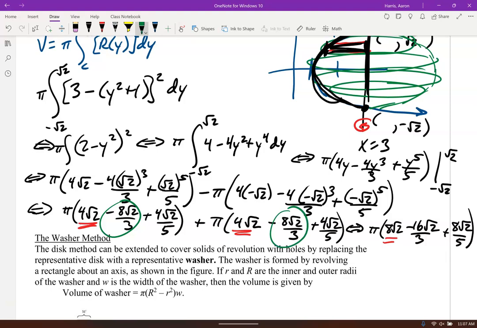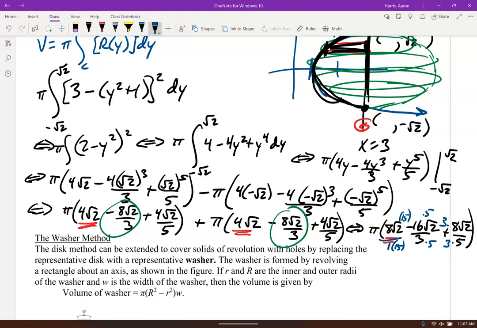And so then 8 root 2 over 5. Okay, so get a common denominator of 15, it looks like. This is over 1, so 15, 15. Let me multiply 5 and 5, this and 3, and 3.